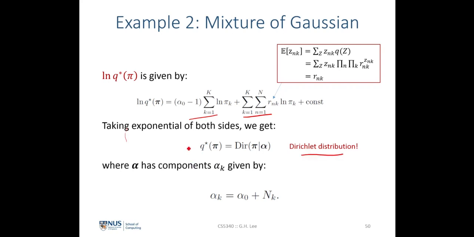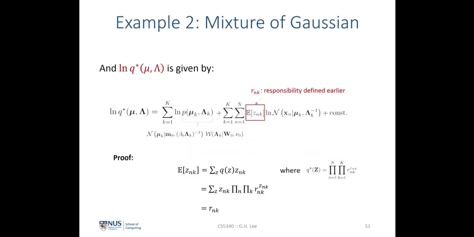This means that the optimal proposal distribution for Q of pi is a Dirichlet distribution parameterized by alpha, where alpha here is simply alpha naught plus N_k, where N_k is what we defined in the earlier slide.